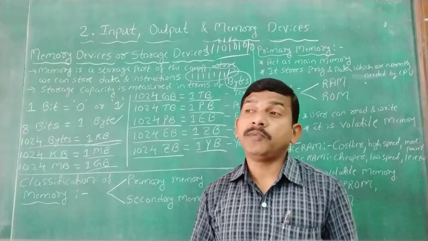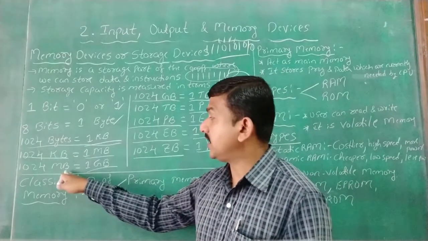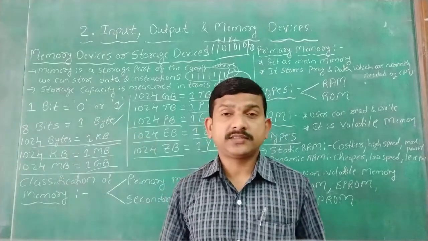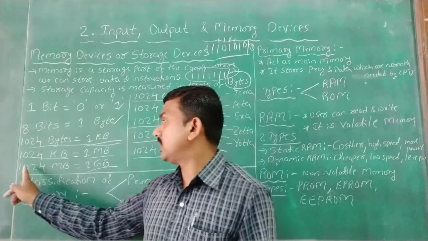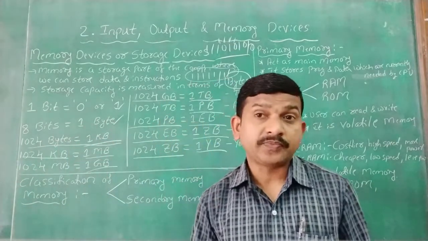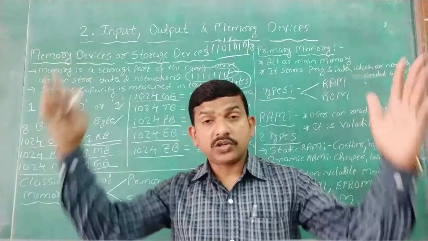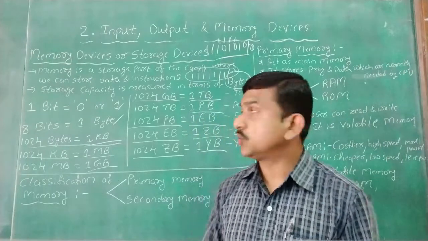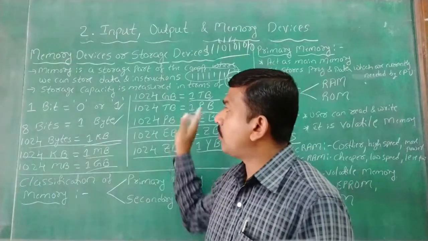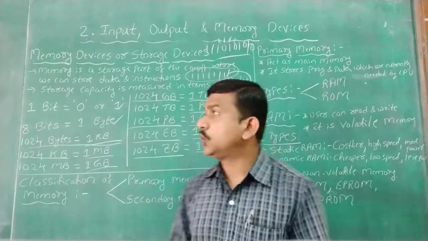Suppose 64 GB means how many MB it contains? You just calculate. 1 GB is 1024 MB, times 64. That amount of MB data you can store. So these are some commonly used terms related to memory.